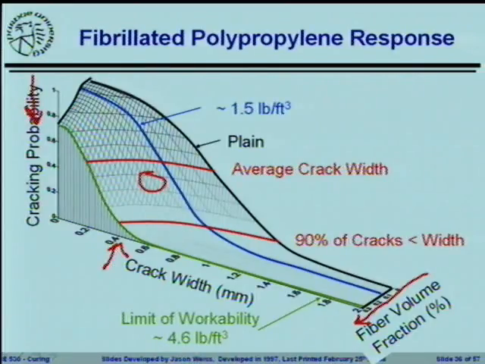So one of the things that we will talk about more when we start to talk about the impact of crack width on transport, it's been estimated that about 95% of the stuff that flows through a crack flows through the biggest 5% of that crack. So the majority of what's controlling what's going through that crack is the biggest portion of the crack. And a lot of times we want fibers to try to reduce the big parts of the crack. We go from something like 1.2 millimeters down to something like 0.5 millimeters. Make the wider parts of the crack much narrower.